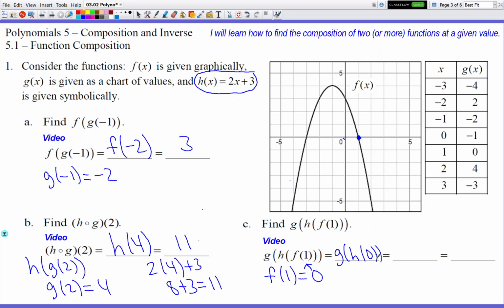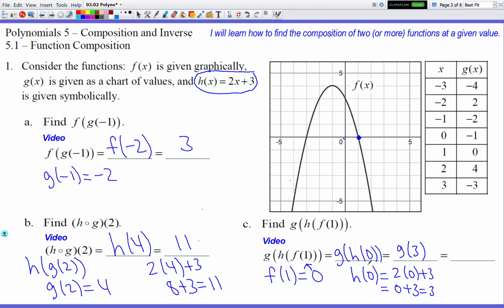Okay, so next step, let's figure out what h of 0 is. So h of 0 means I plug it into my equation, so 2 times 0 plus 3. So that's going to be 0 plus 3, which is 3. So now I'm going to write g of 3.